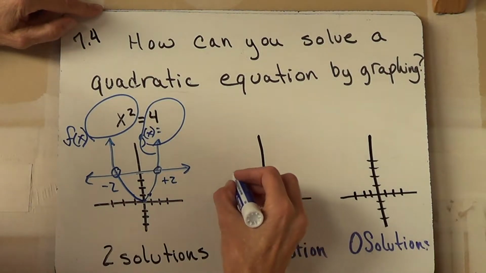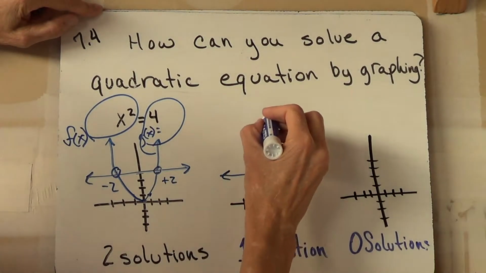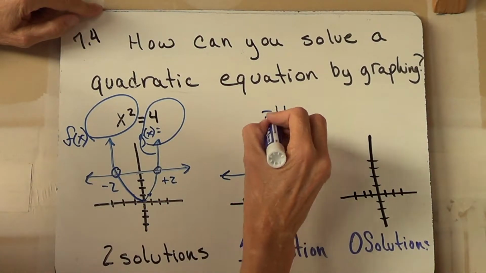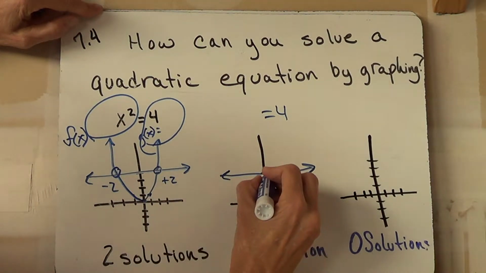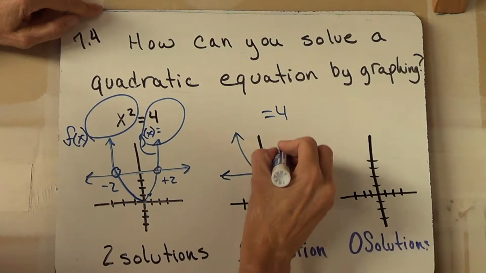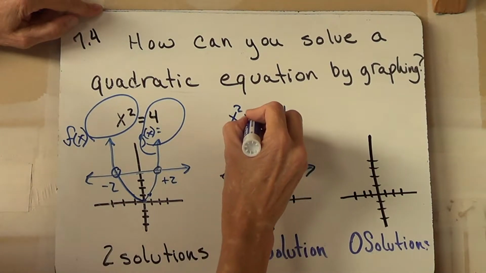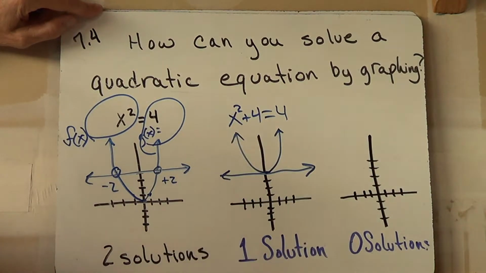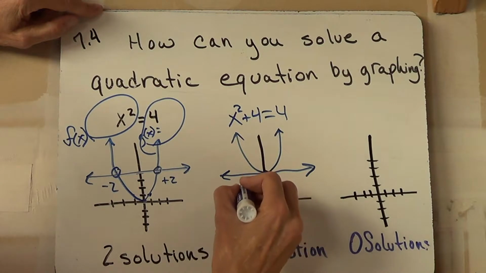You might have said, well, let's keep the 4 there, and let's simply move this up 4. I know that that's a plus 4 on my k. So I'd go x squared plus 4. Now if you think about it, it's only got one solution, it's at 0.